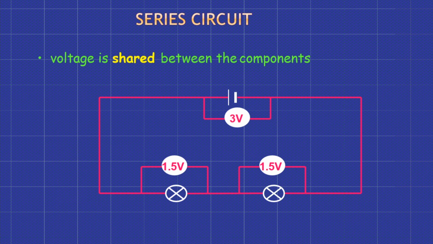Now voltage is shared between the components. You can see that the battery has 3 volts. This is a series circuit, and you can see that each component has half of the total voltage, like 1.5 volts and 1.5 volts. It will become 3 volts altogether.